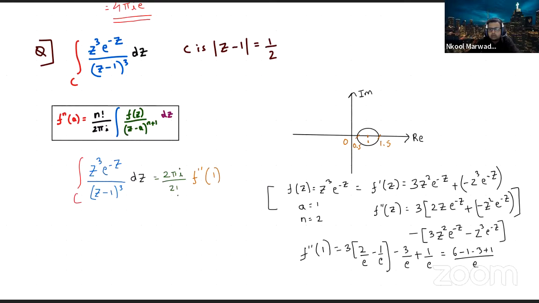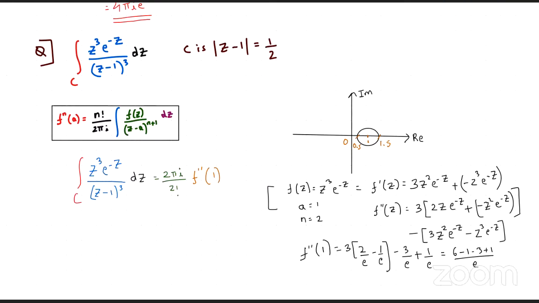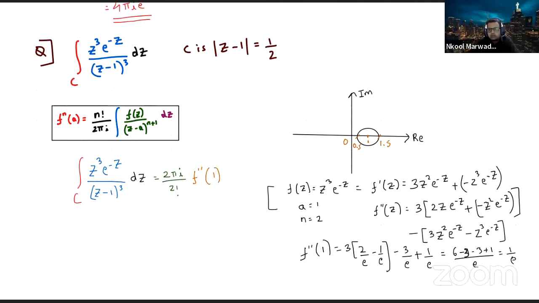It will become 1 by e. No, you try to solve it. 6 minus 3 minus 3 plus, it's right, 1 by e. So this term will become 1 by e.